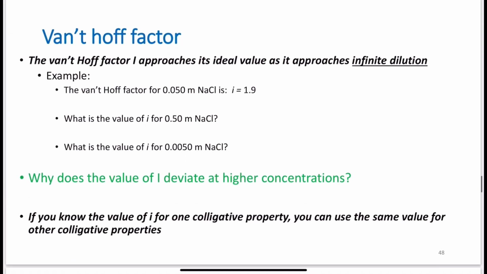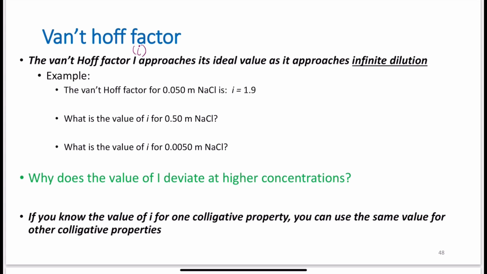So the Van't Hoff factor, i, approaches its ideal value, what I would expect it to split up into, as it approaches infinite dilution. So for example, the Van't Hoff factor for a 0.05 molar NaCl solution is 1.9. We got that on the previous slide. What would the Van't Hoff factor be for a solution that is 0.5 molar?